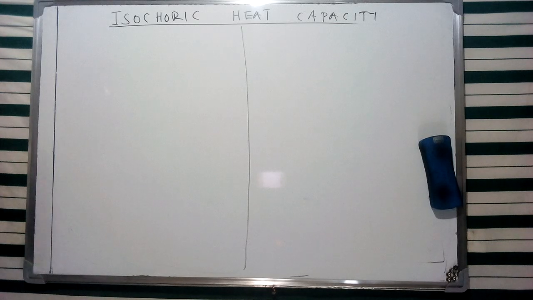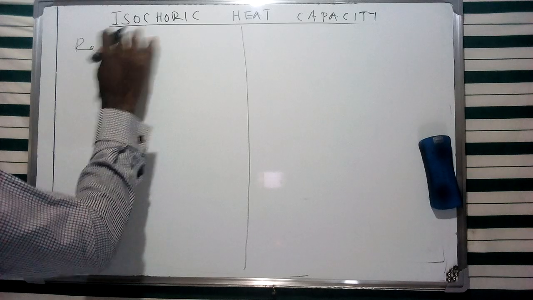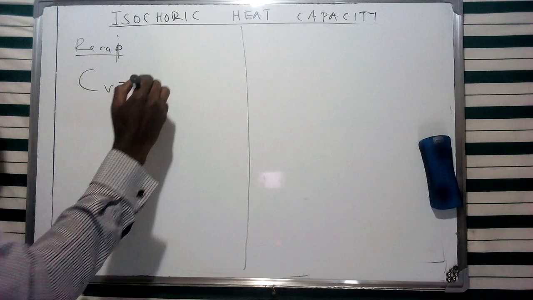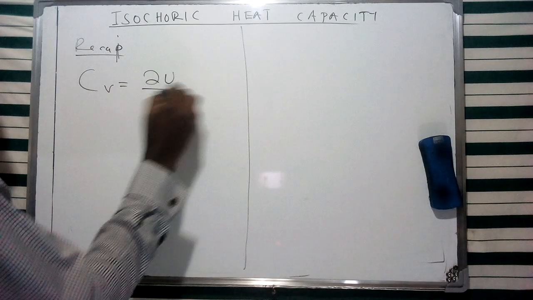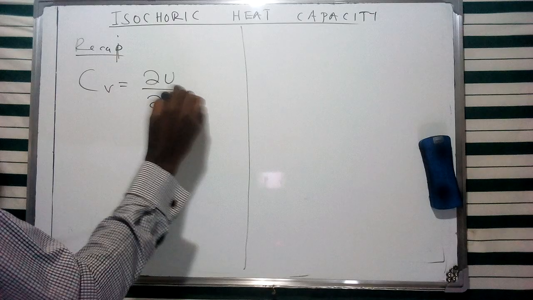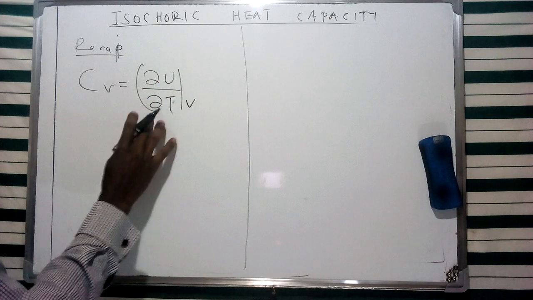Now, in that discussion, maybe we can just have a short recap. We mentioned that we can have the heat capacity given in terms of the derivative with respect to temperature at constant volume, given as such, which is a derivative of internal energy with respect to temperature.